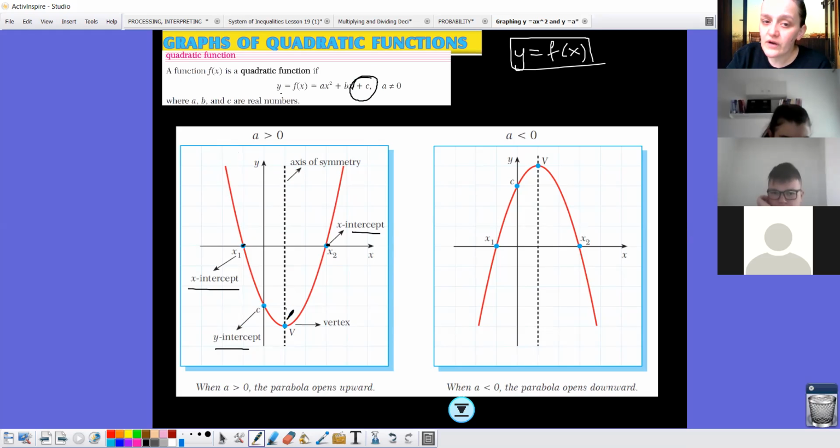And here you have the axis of symmetry. Do we know what axis of symmetry means? Symmetry, do we know what symmetry means? When you have a line and on both sides of that line is the same thing. If you flip, you will get the same.